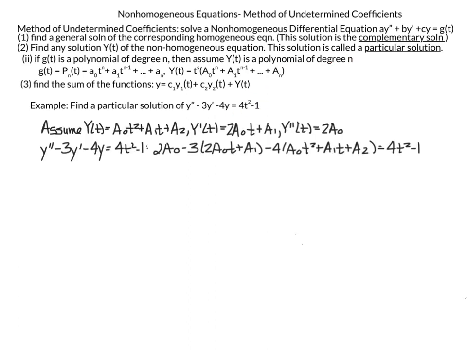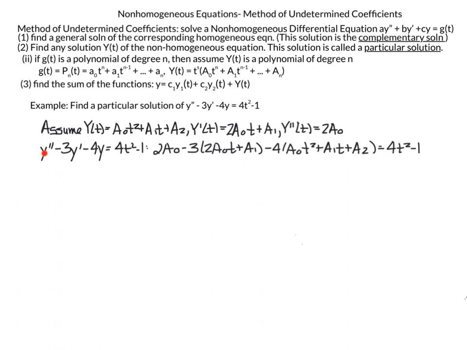For this example, we are going to assume the particular solution, capital Y of t, is a naught t squared plus a1 t plus a2. So we have three constants. We can take the derivative, y prime, which will equal 2a naught t plus a1, and y double prime is equal to 2a naught. And then we plug that into our differential equation.